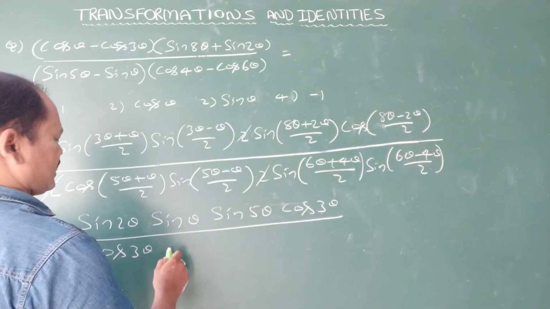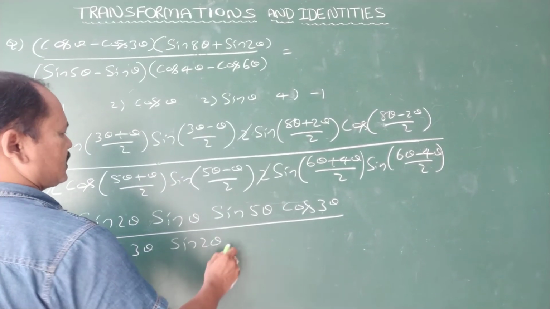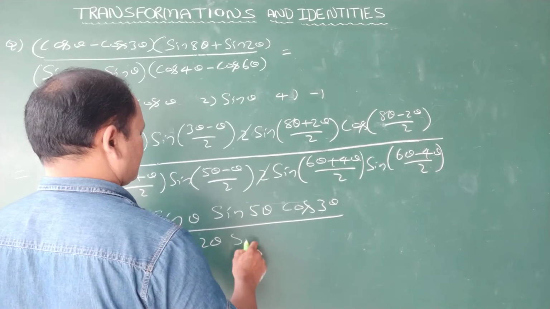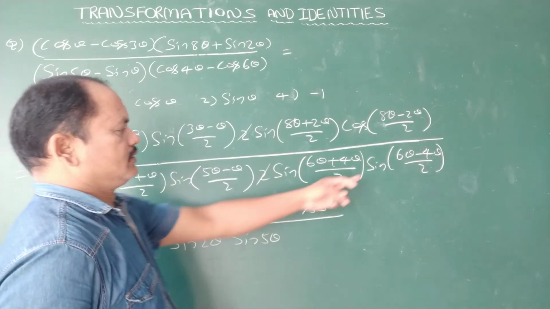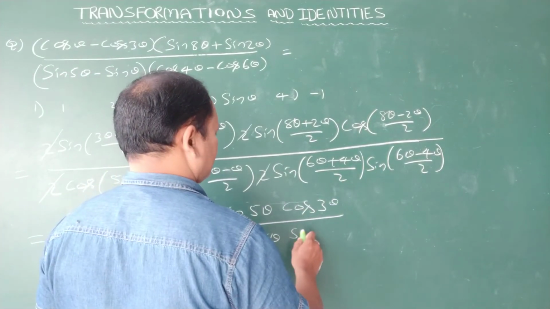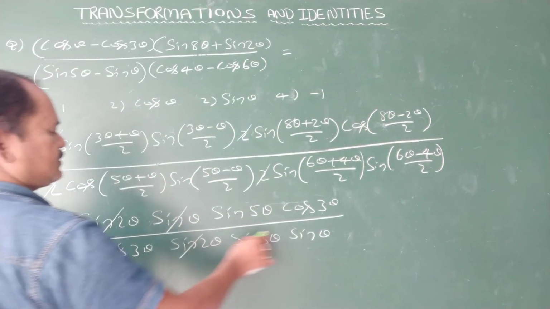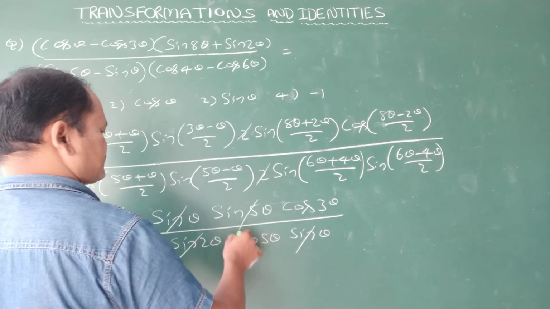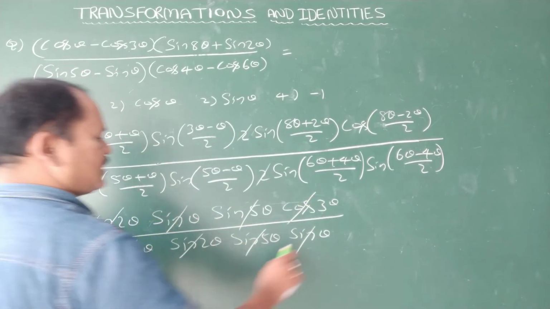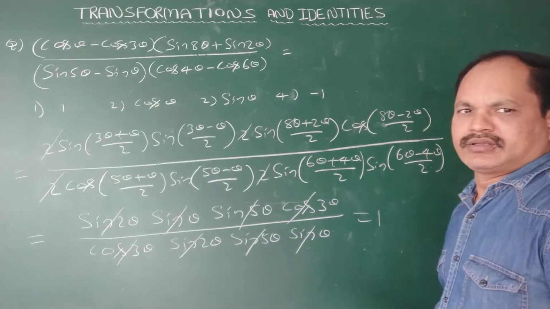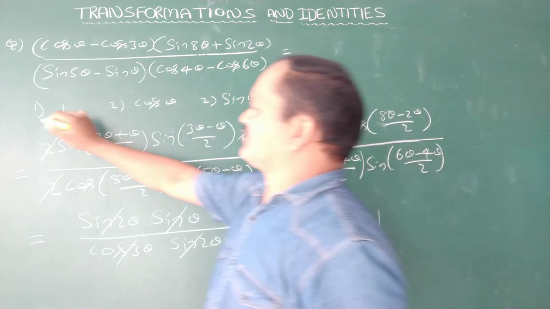It is sine 2 theta. This is sine 5 theta. Now this is sine theta. That's all. So everything gets cancelled, and the answer is 1. That is the first option.